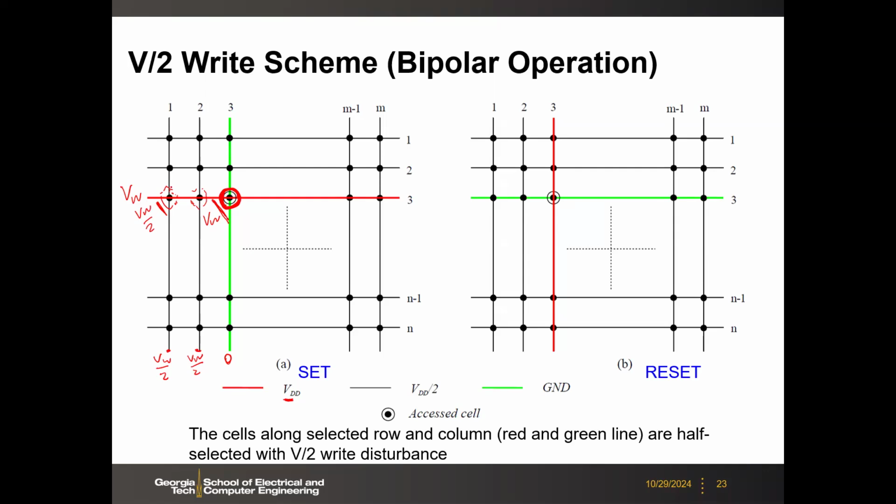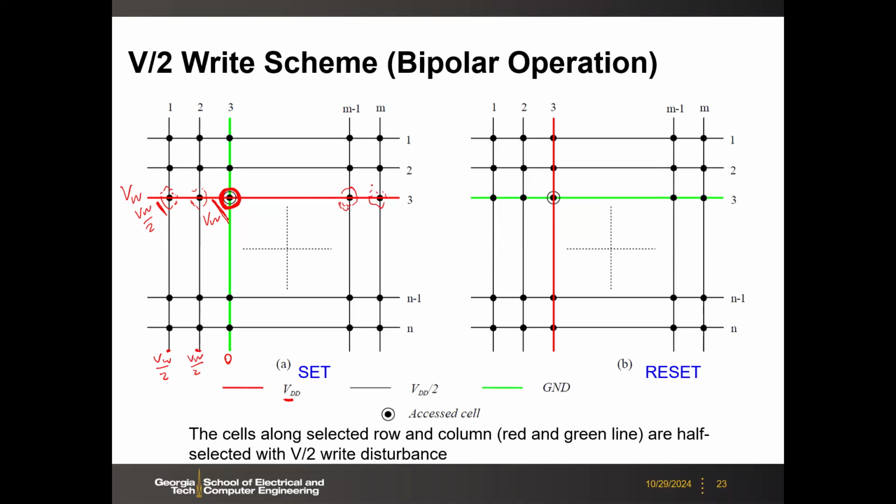So here the underlying assumption is that the half selected cell will not be programmed. Okay, it may be under some disturb, but it won't be programmed. So this is for the unselected cell along the same row, those cells.